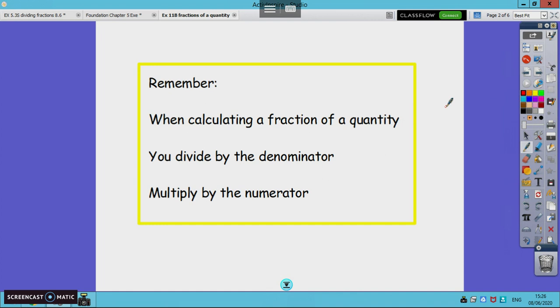You divide by the denominator and you multiply by the numerator. So you divide your quantity by the denominator, and you multiply your answer to that by the numerator. That's how loads of you got 100% on that My Maths task, which is absolutely fantastic, so well done. I can really tell who's paying attention to my videos.